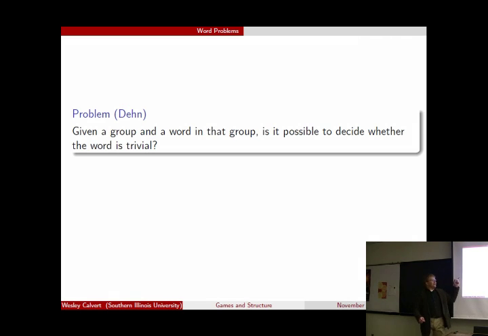One way to look at it is, given the group, can you actually compute the value of x plus y given x and y? The way he put it is you're given a presentation of a group by generators and relations, and what you'd like to do is take some word in these generators and decide whether it's trivial. It's exactly the same as saying, can you compute the value of the group operation?